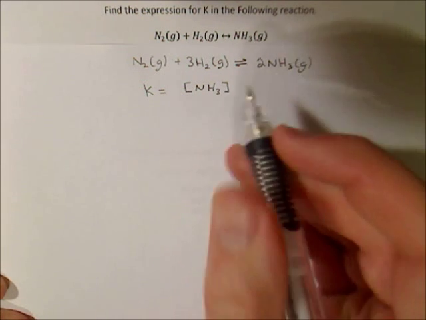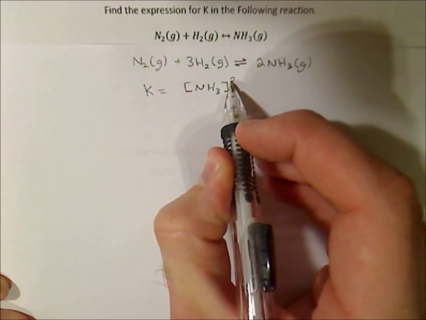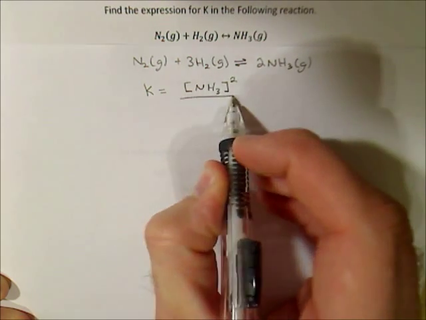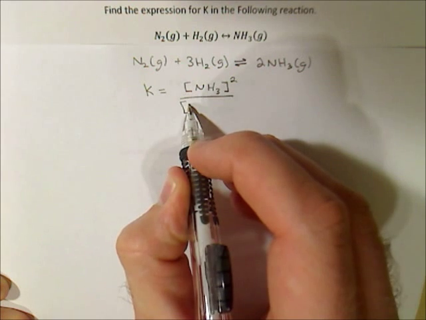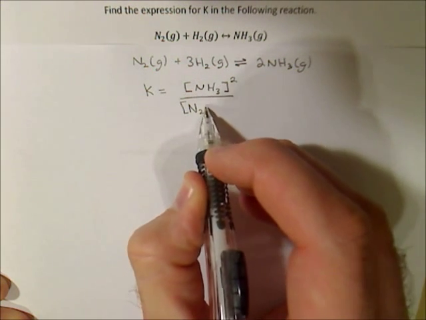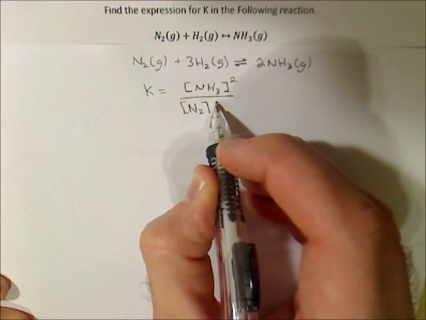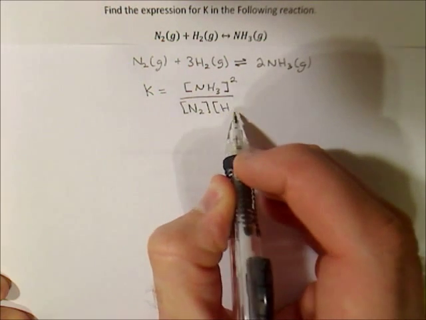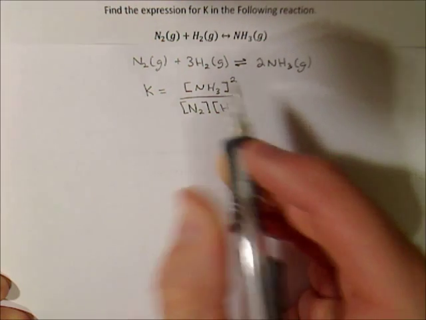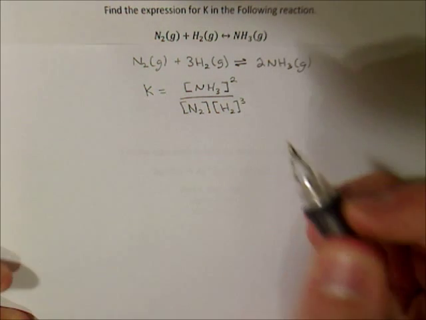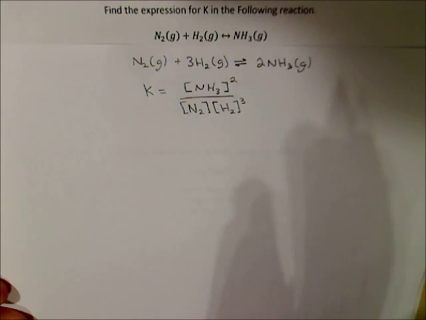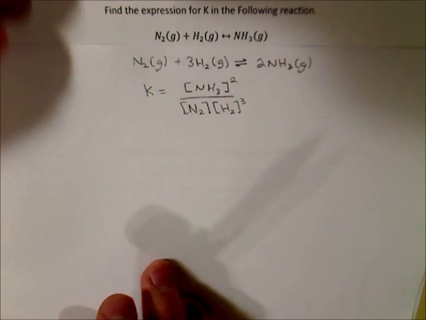We have a 2, so we square NH3, and then we add our reactants to the denominator. And we have a 3 in front of H2, so we have to cube it. Okay, so that's going to be our expression for K.